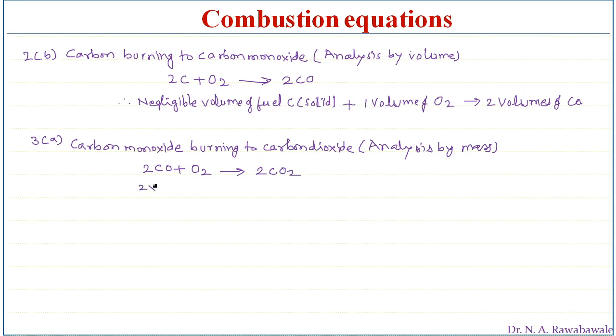2 into molecular mass of carbon monoxide is 28, 16 plus 12, of carbon monoxide CO plus 32 kg of oxygen O2 produce 2 into 44 kg of carbon dioxide.